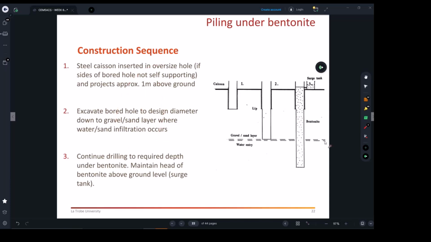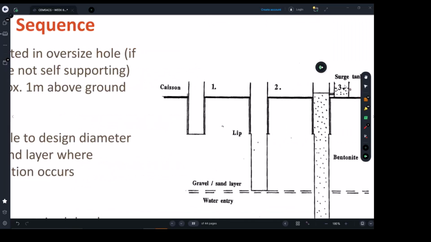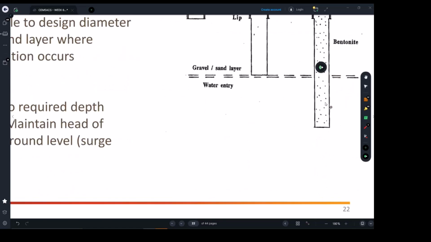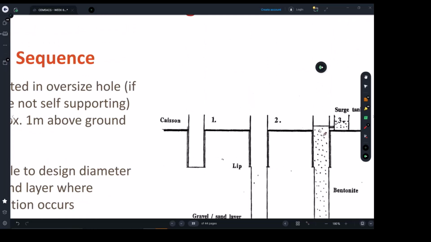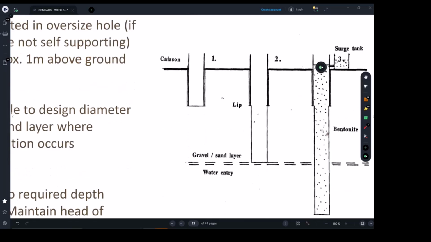Now, one thing you need to know is it's not as easy as just placing bentonite. You need to use what we call a surge tank. The surge tank will help you make sure that the bentonite is always pushing down into the hole. If you don't have a surge tank, then maybe the water will not be statically kept out of the hole. You need a hydrostatic pressure to let the bentonite be forced into the hole, in other words.